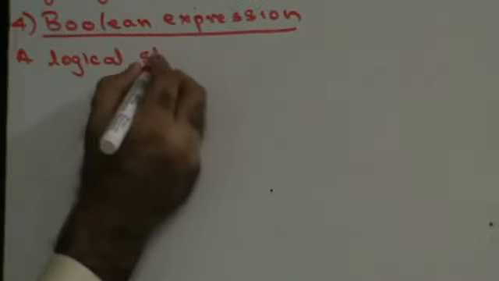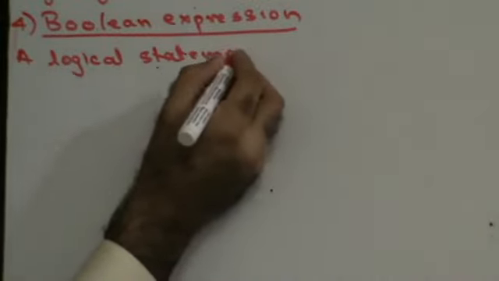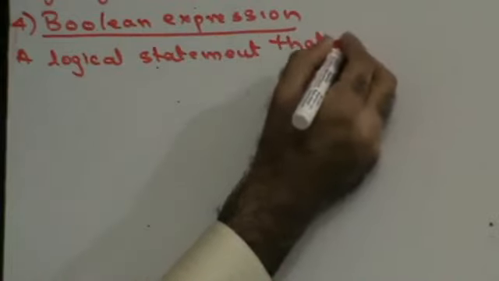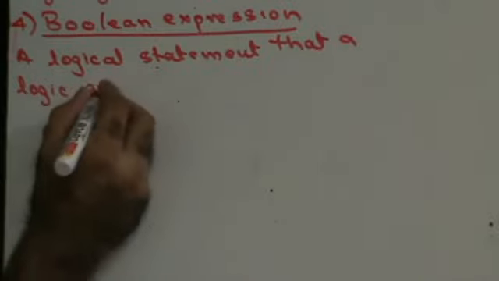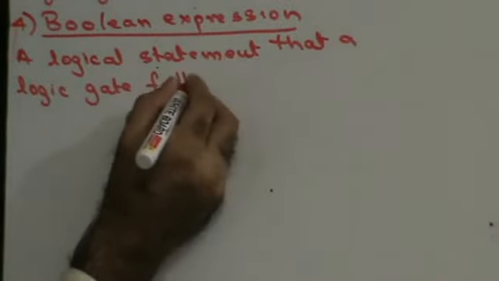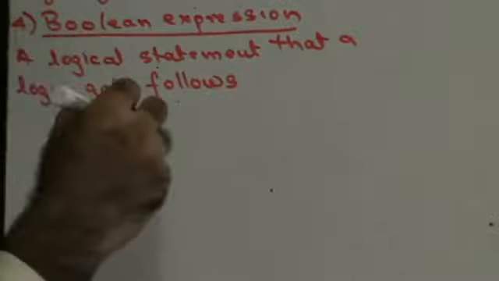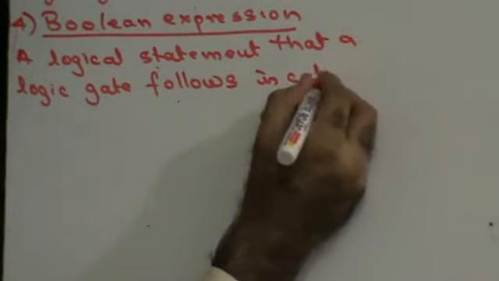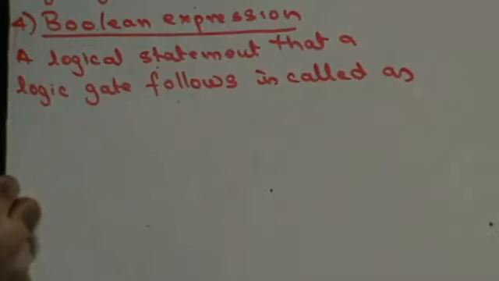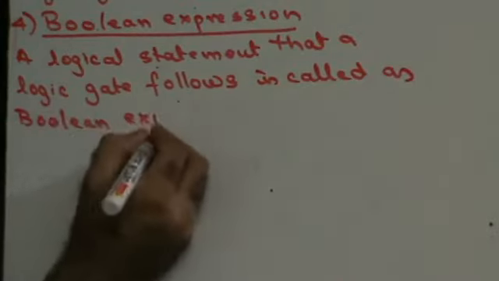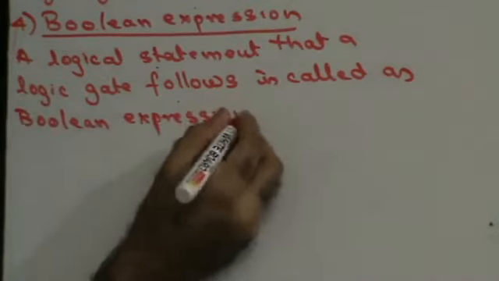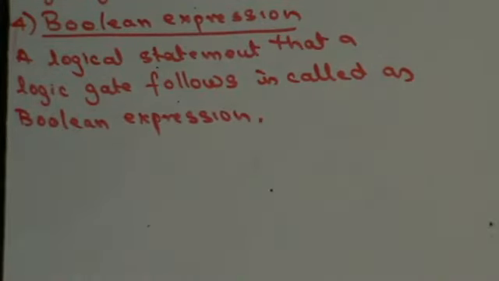A logical statement that a logic gate follows is called a Boolean expression. Fine. So do you understand what a Boolean expression is?